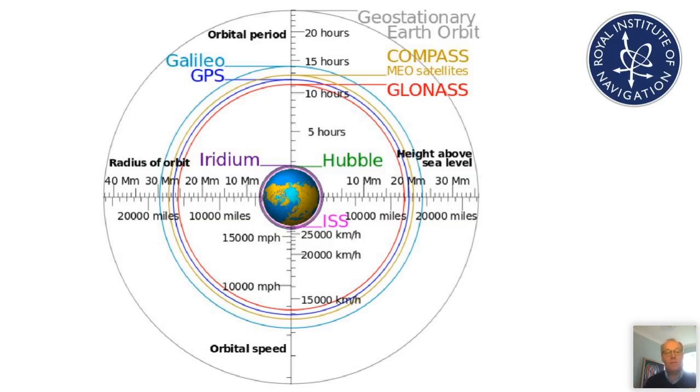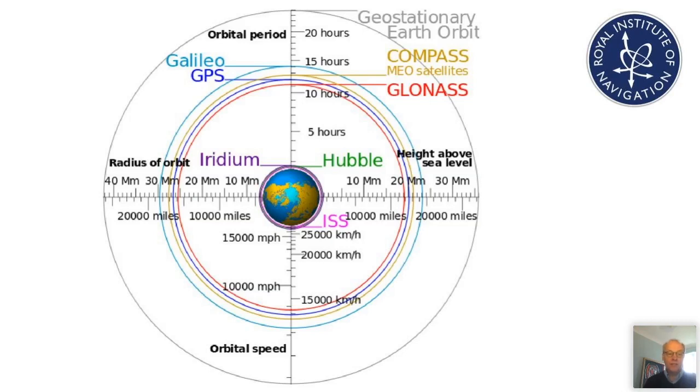Very briefly, if I come right in towards the surface of the Earth, you can see it's marked Iridium, Hubble, International Space Station, etc. At these orbits, the orbital period is much, much quicker, maybe of the order of an hour and a half. I think the Iridium satellites, which are in low Earth orbit, have a 100-minute orbital period.